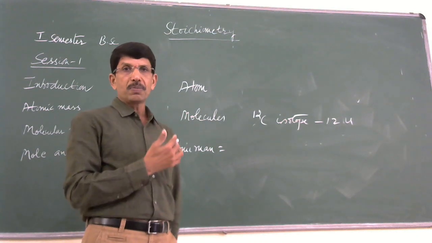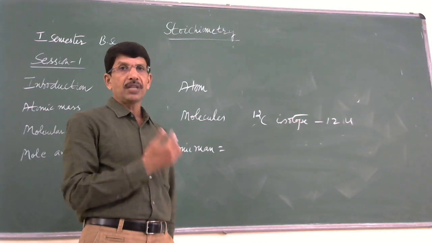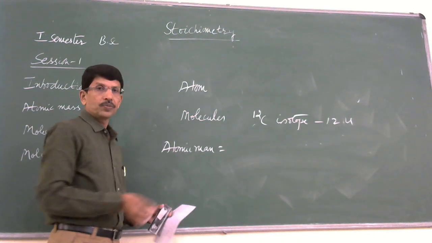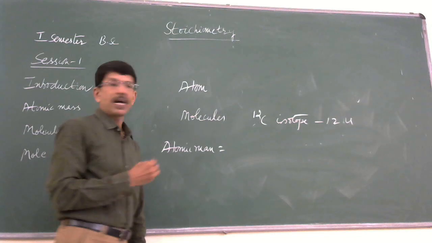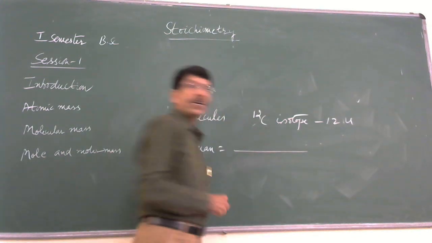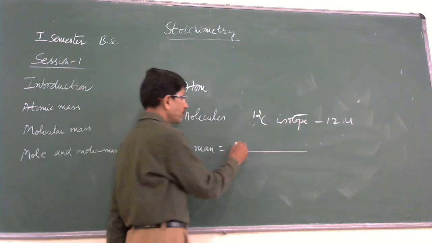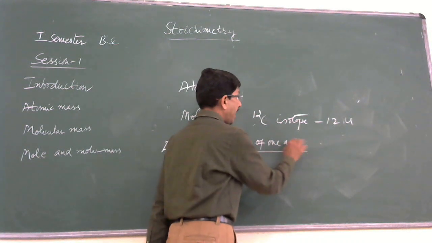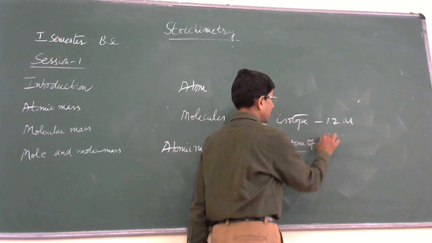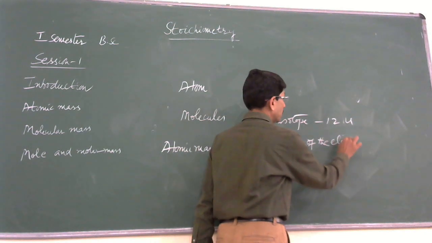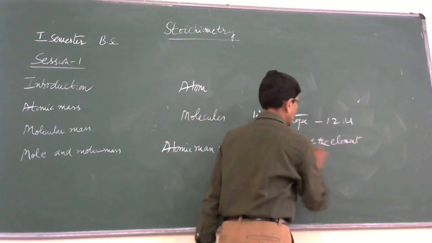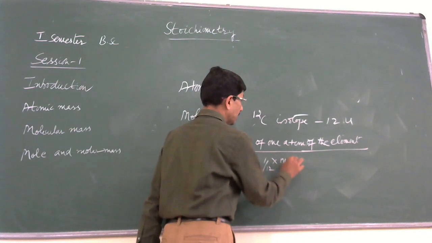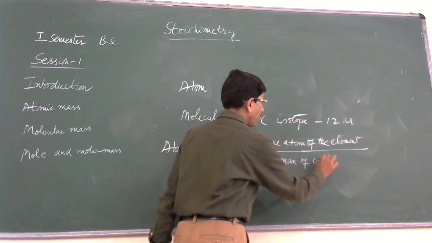So whatever atomic masses and molecular masses that we use are relative atomic masses, or simply called atomic mass. Atomic mass is defined as the ratio of the mass of one atom of the element to 1/12 the mass of a C12 atom.